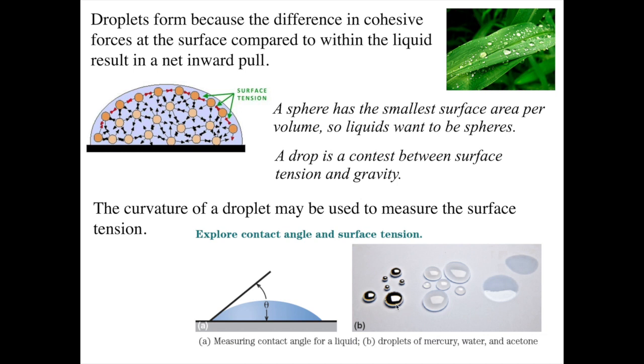The formation of these droplets is due to the surface tension of the liquid, but it also has to do with the material that the droplet is on. So, for instance, a waxy surface on a plant is nonpolar, very different than the very polar environment within water with all of its hydrogen bonding. So, water is not very attracted.